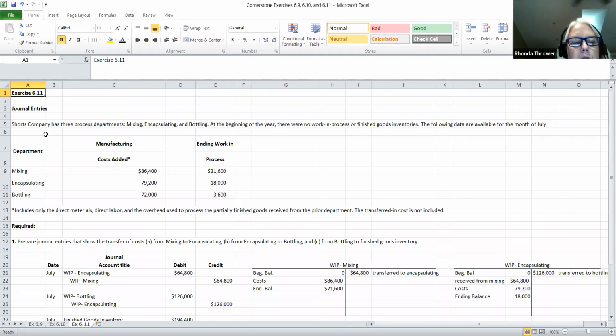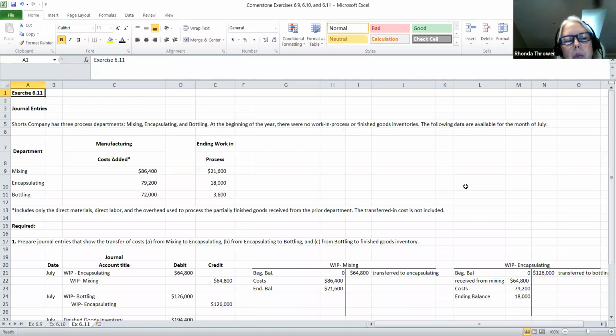The journal entries that they want you to prepare for Shorts Company. The Shorts Company has 3 departments: mixing, an encapsulating department, and a bottling department. At the beginning of the year, there was no work in process or finished goods inventory. So there's no beginning inventory in work in process or finished goods.